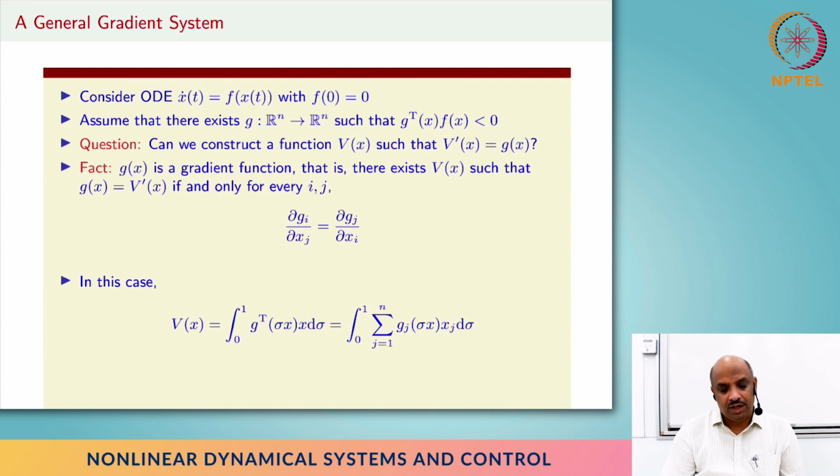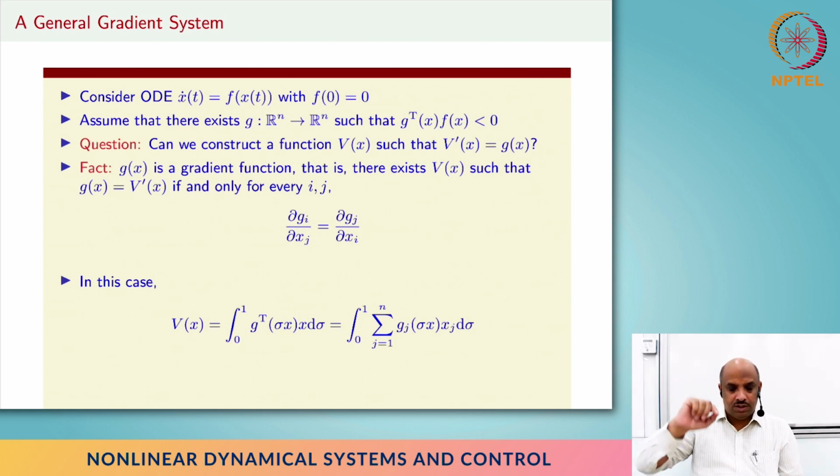So how do we find such a v? There are several ways of doing it. One nice result about gradient functions is that if we take some kind of line integral, the fact that g is a gradient of v guarantees that the specific line integral, the path we choose between the two extremes, 0 to x, where x is a vector and 0 is the origin, is path independent.